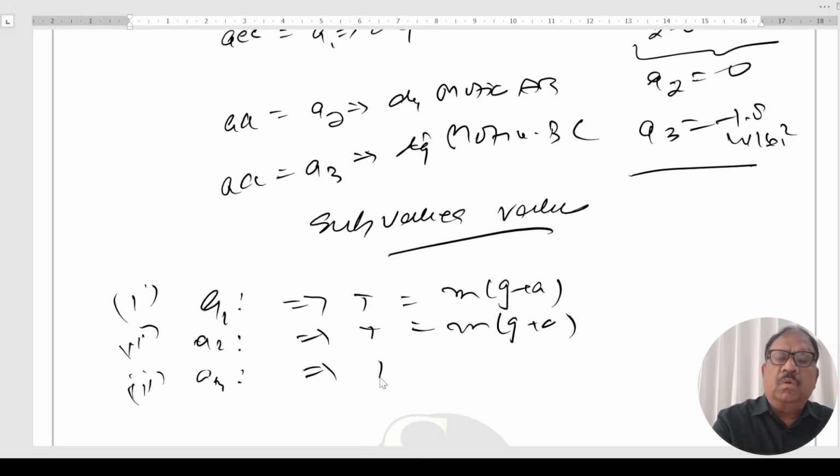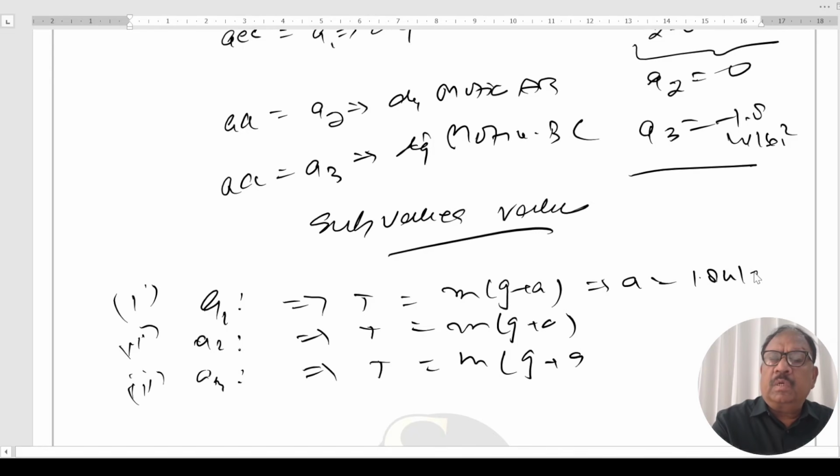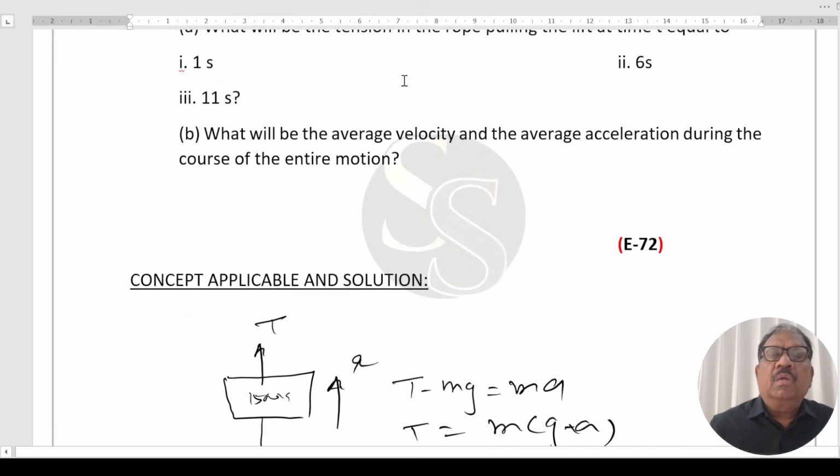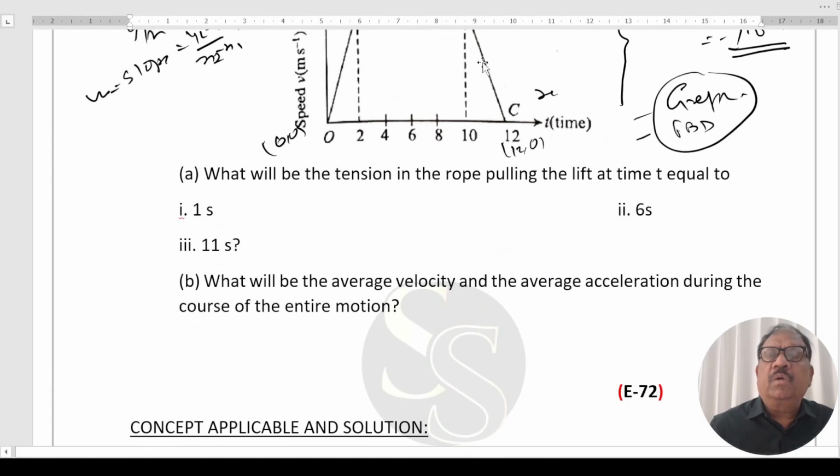In the third case T equal to m(g plus a) with a equal to minus 1.8 meter per second square. You know the values of m and g. This is all about the tensions on different occasions during these three periods.